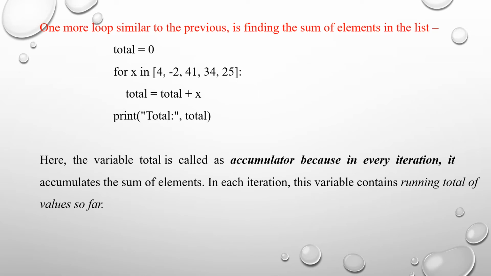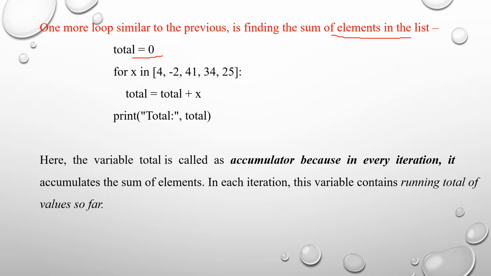Let's consider one more loop. This loop is similar to the previous one and finds the sum of the elements in the list. Here total is equal to 0. We assign 0 to the variable, and the variable is total. After that we declare one looping statement: for x in the list, contents 4, -2, 41, 34 and 25.